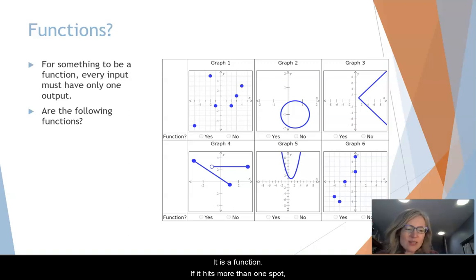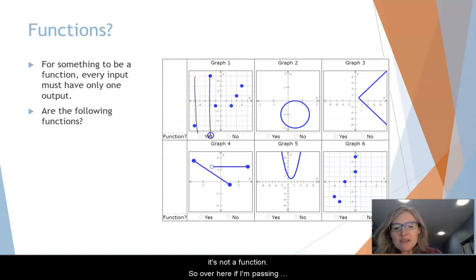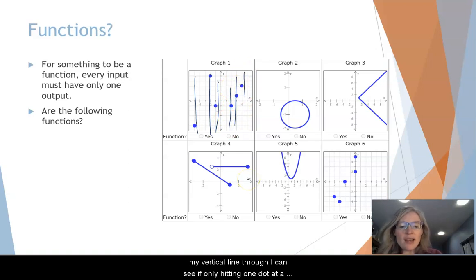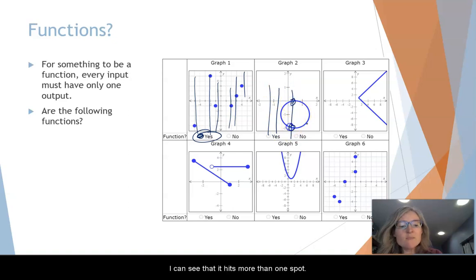If it hits more than one spot, it's not a function. So for here, if I'm passing my vertical line through, I can see it's only hitting one dot at a time. That means that yes, this is a function. For the second graph, as I pass my vertical line through, I can see that it hits more than one spot. This is not a function.